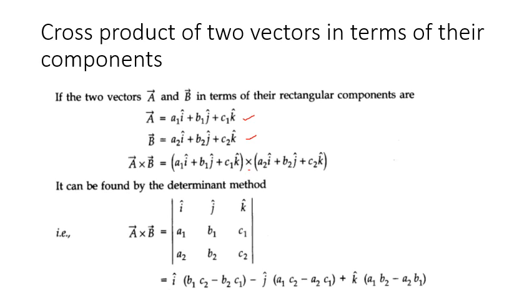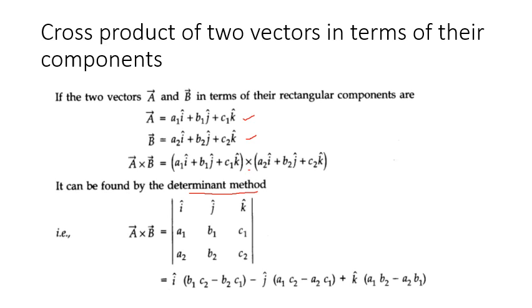By using the determinant method. I think you don't have any idea about this determinant method. Actually, it is based on matrix, which you will study in your 12th standard mathematics. So we'll see from the physics point of view how to take a cross product.